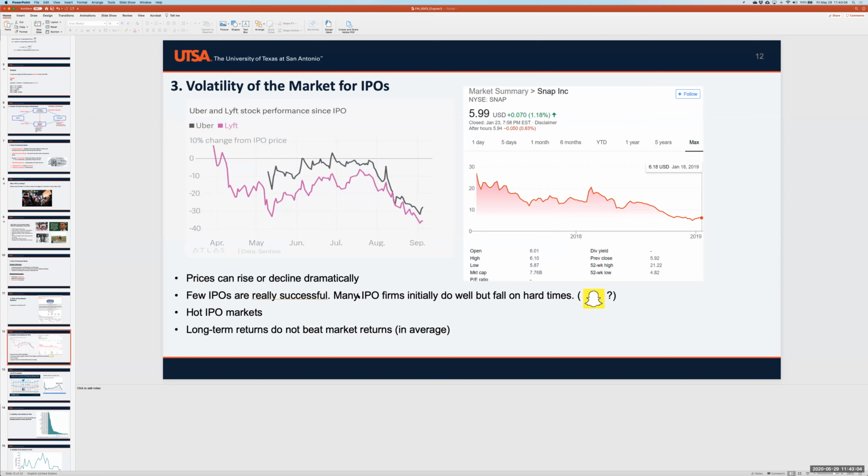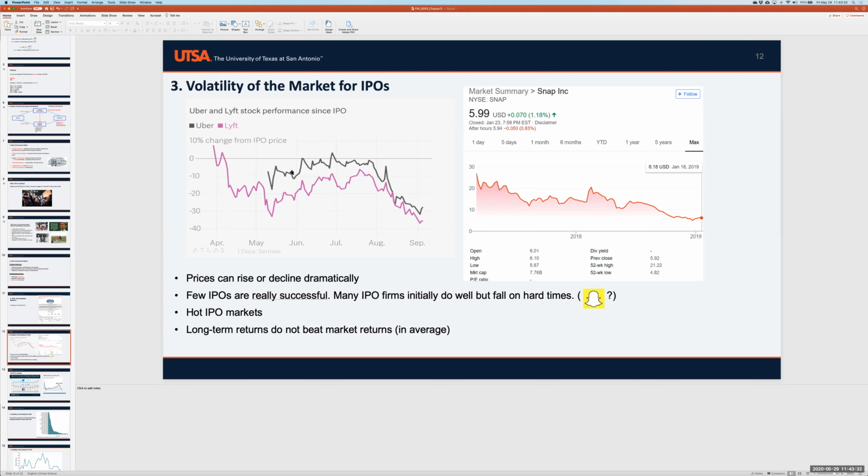Volatility of the market. I'm pretty sure you all know the volatility of the market. What is the meaning of volatility? Volatility is just the standard deviation of the price levels, and you can easily see it from this figure. If you look at this chart, Uber and Lyft, the gray line is the Uber stock price after the IPO.